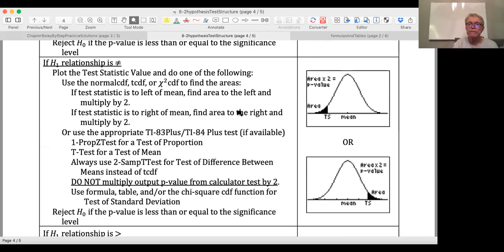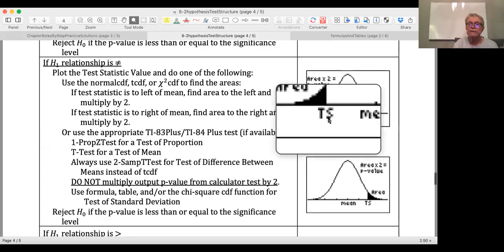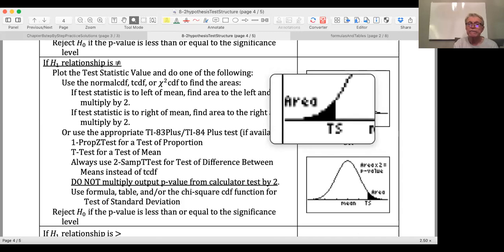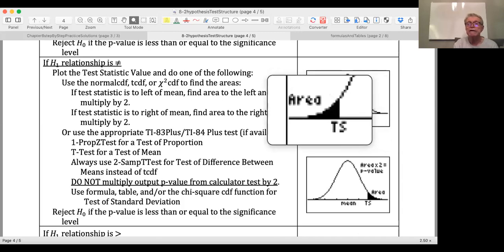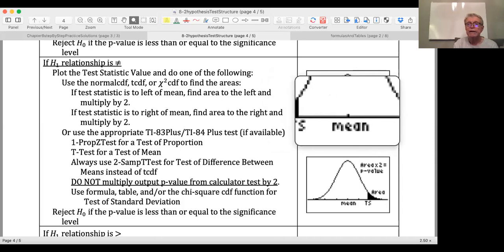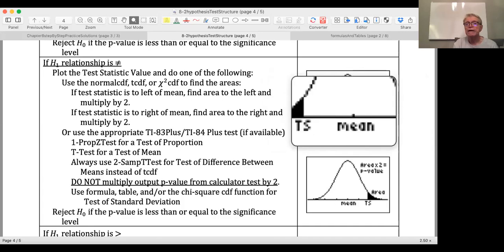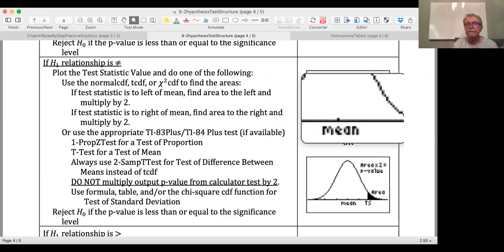In other words, if the test statistic is on the left, we would find that area underneath the curve farther away from the mean to the left. But we would also find the area farther away from the mean, the same distance from the mean on the right, okay? Because it's a two-tailed test.